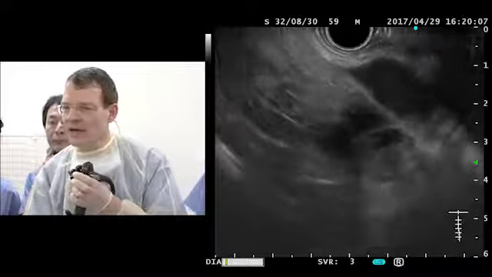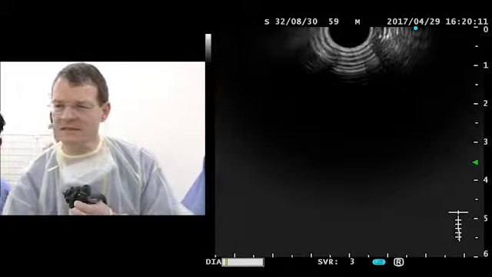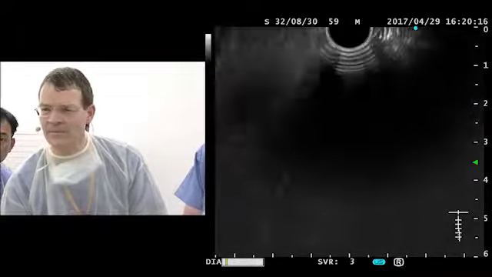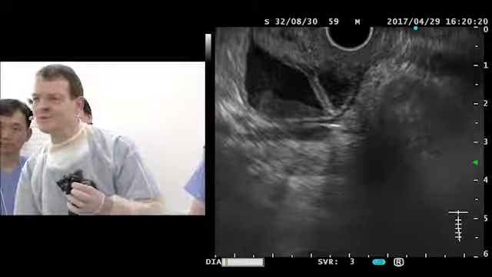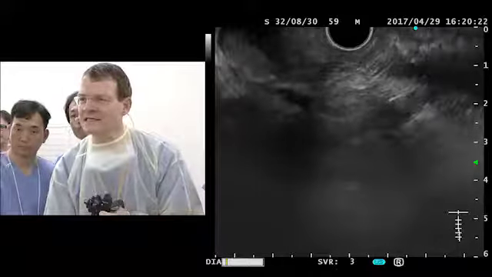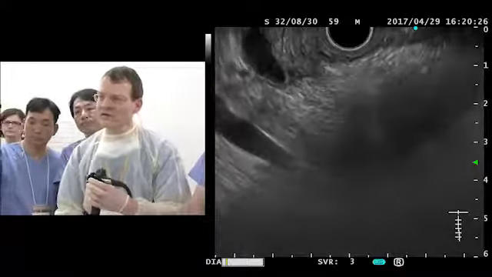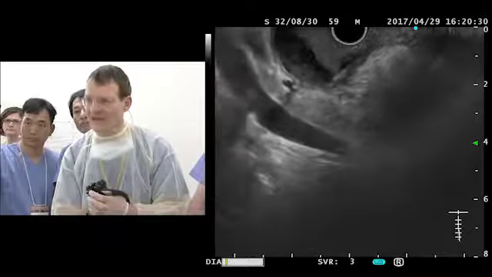Okay, so for the orientation now, to get the structures of the pancreatic head, a further landmark is the apex of the duodenal bulb. And in this area, in order to find structures of the pancreas, it is important to try to find the portal vein.